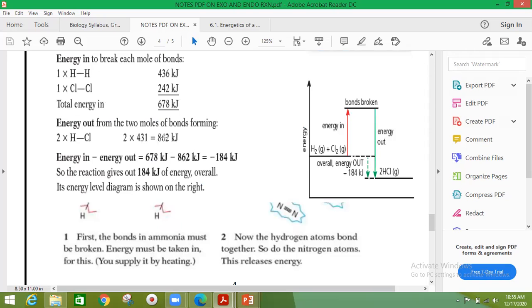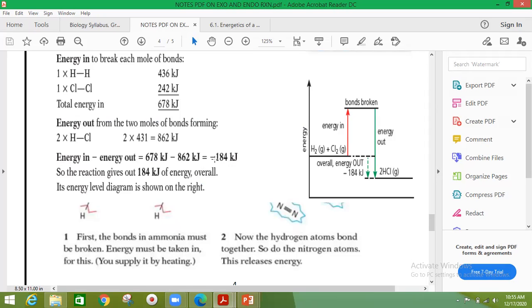Now, product side 862, reactant side 678. How do you calculate the delta H value? This is the rule: energy in, the reactants, minus energy out, the products. So reactant 678 minus product 862. Our answer is minus 184.